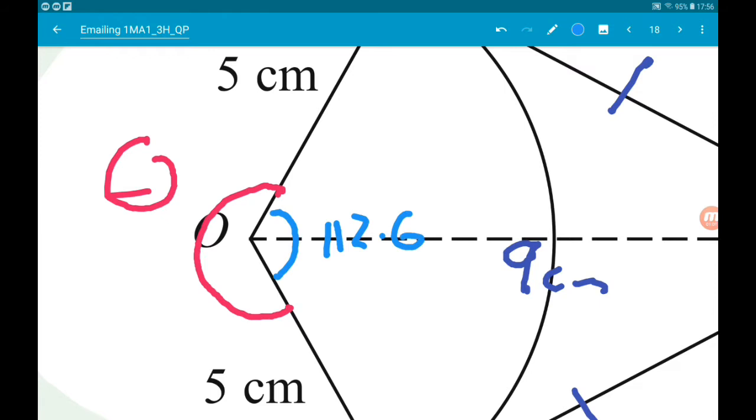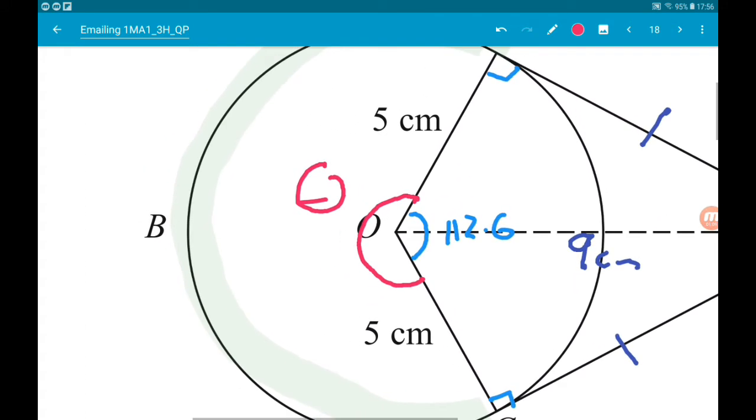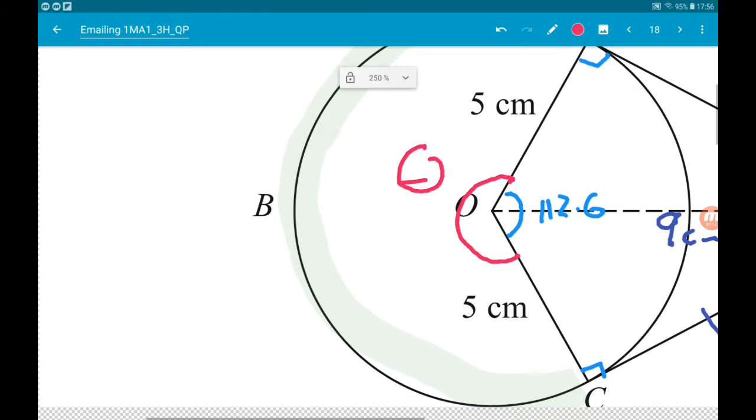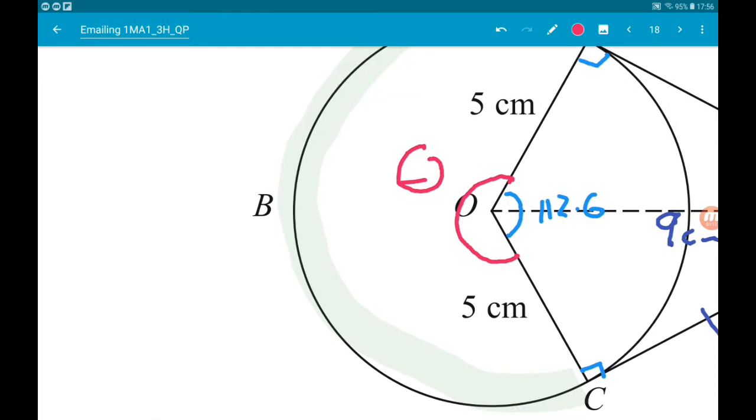From that, we can now work out theta. So theta is 360 minus that. And that gives us 247.4.